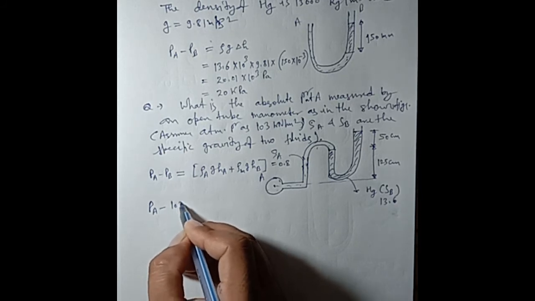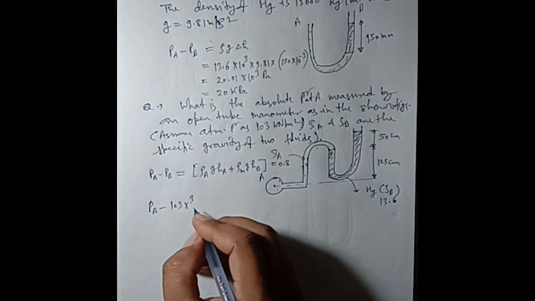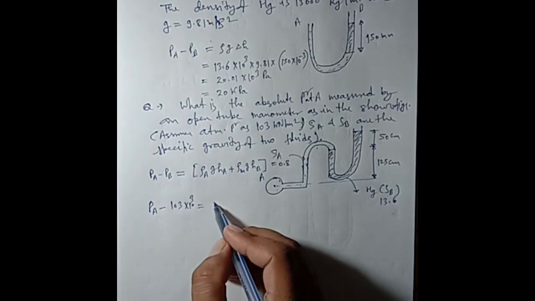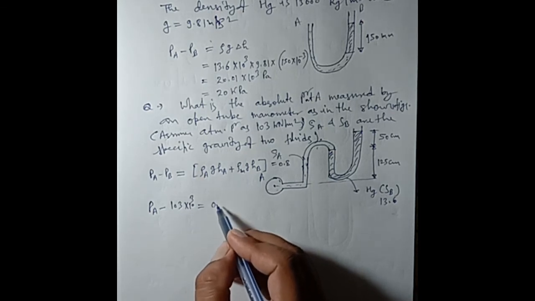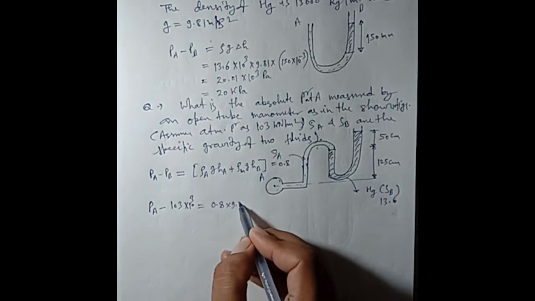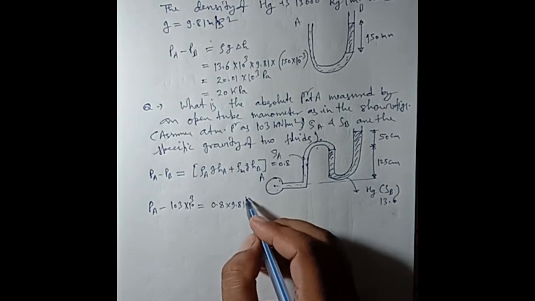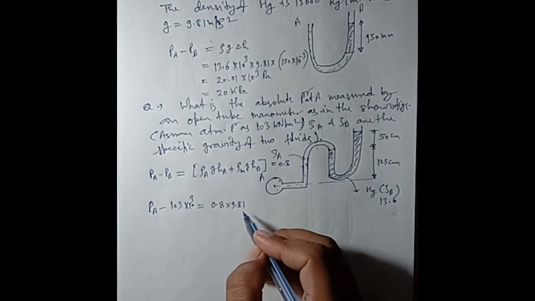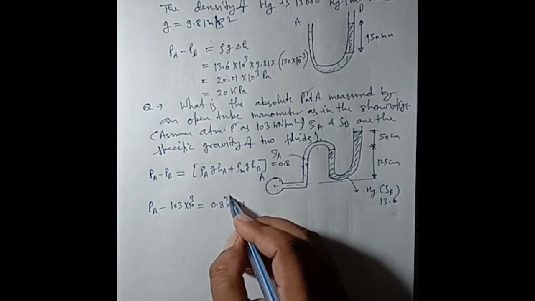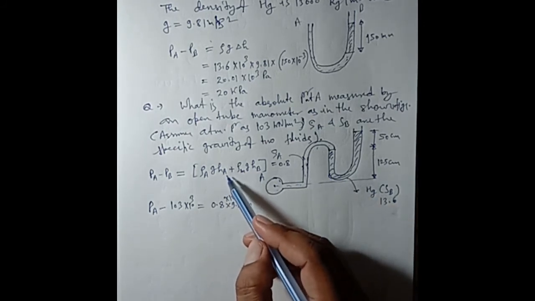PA minus 10^3 into 10^3, this is the atmospheric pressure, is equal to rho A, the density of fluid A, into 9.8, that is the gravitational acceleration, into 10^3 into rho into HA.